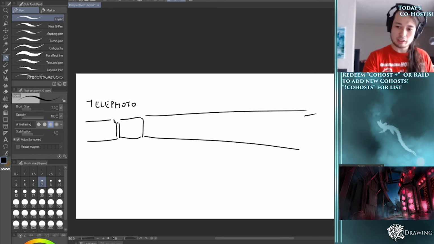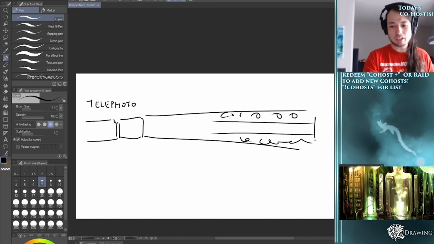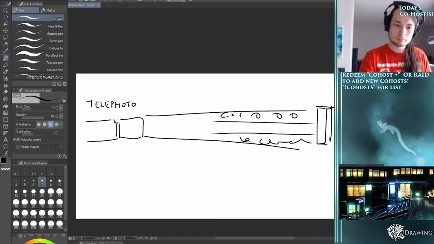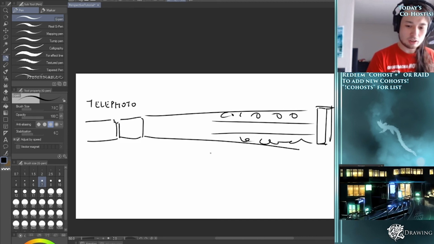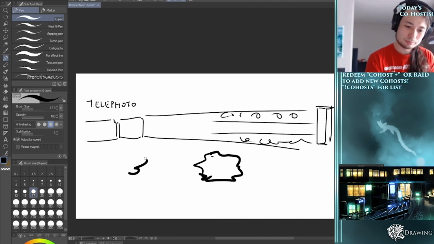Let's say that we have a bunch of trees here, right? Tree, tree, tree, tree, tree. Tree, tree, tree, tree, tree. And, I don't know, a temple. Okay? With a telephoto lens, all the trees are going to seem almost the same size.